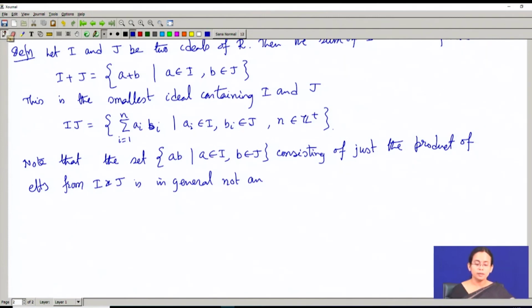Because if you go by the definition of addition, then you can see that we have just added the elements from I and J and constructed I plus J. So, it would be natural that you take the product, one coming from I and another from J, and that might be the product ideal, but it is not like that, because this product is not in general an ideal, as it is not closed under addition.